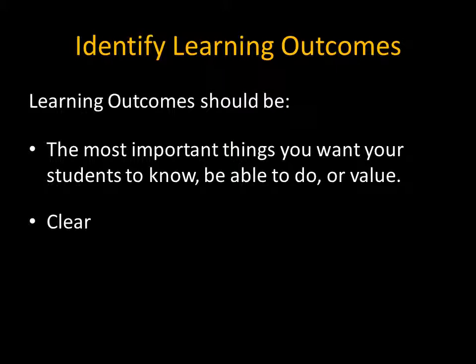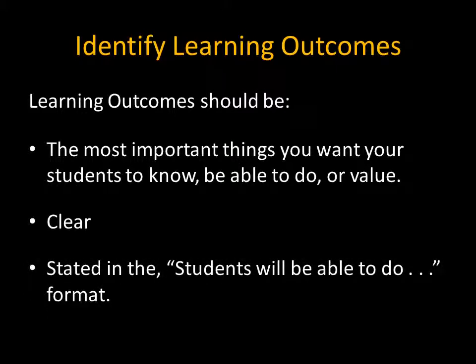And learning outcomes should also be stated in terms of what the students should learn through this experience. That is, in the form, students should be able to, rather than stating what the instructor will do or what the curriculum is designed to do, state it in terms of what the students will be able to do.